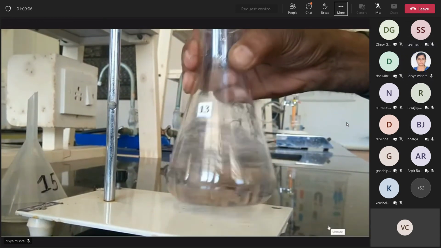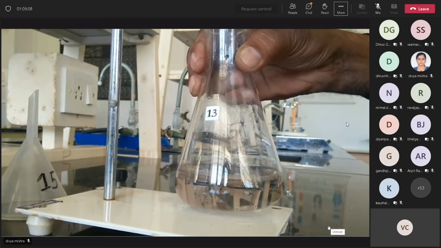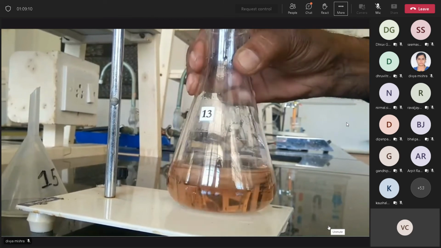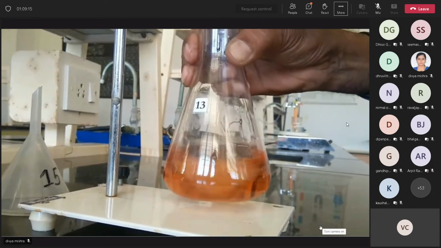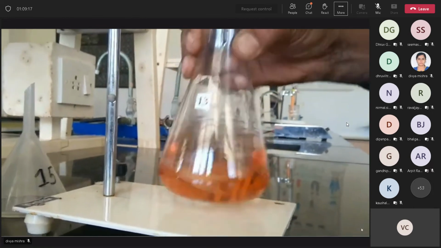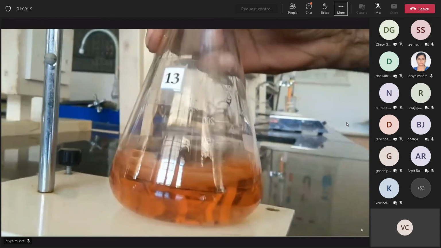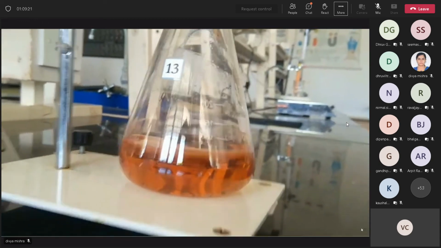Now you can see the color is changing. Titrate the solution carefully. Now you can see the reddish brown color occurs. Note down the final reading.